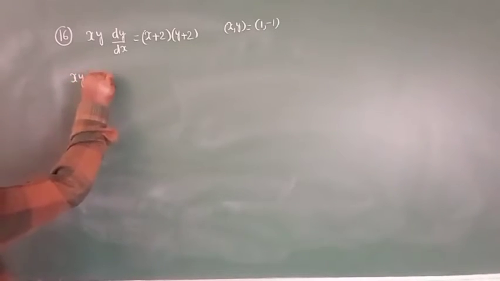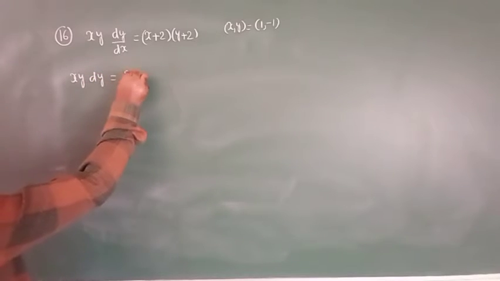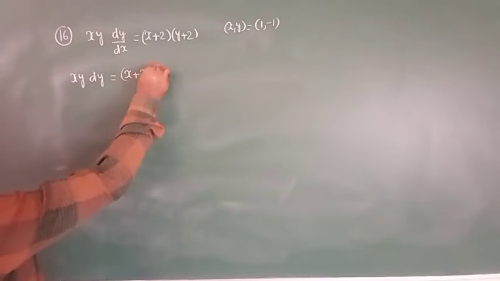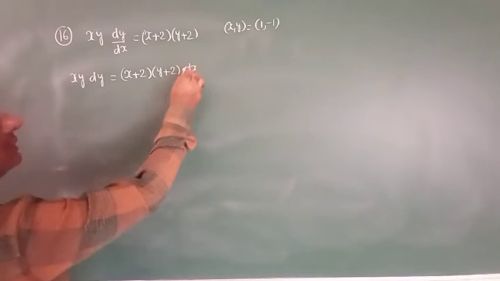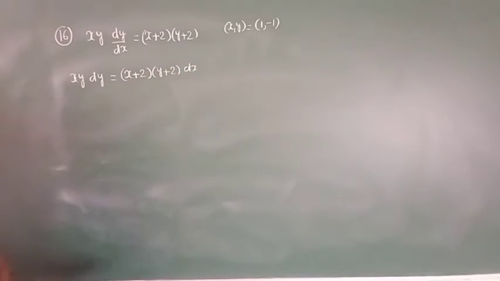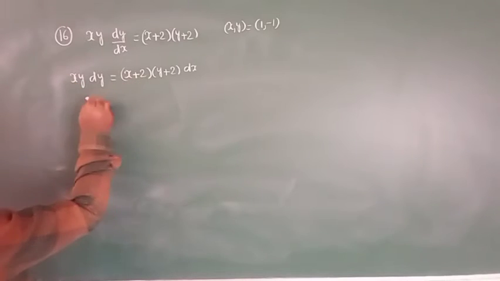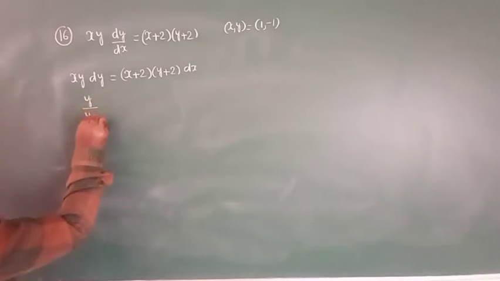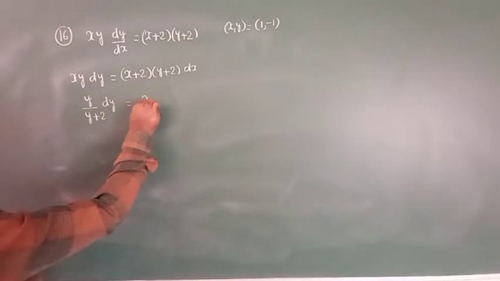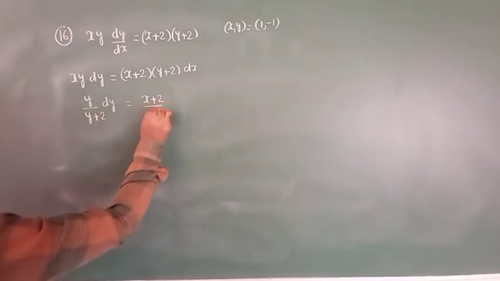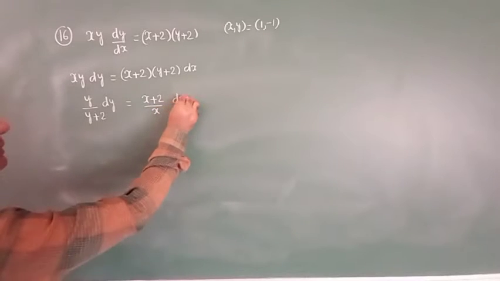First, x y into dy is equal to x plus 2 into y plus 2 into dx. So x terms only on the dx side; bring x over: y by y plus 2 into dy is equal to x plus 2 by x into dx.